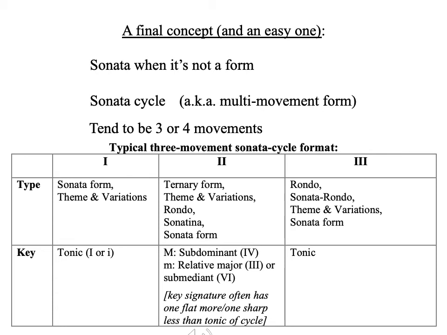So down there in the box, you see I've got the 3 movements laid out. And a lot of times when composers started writing 3-movement sonata cycles from the classic era on, they would tend to put their first movement in sonata form, which, by the way, is why a lot of people do call it first movement form.